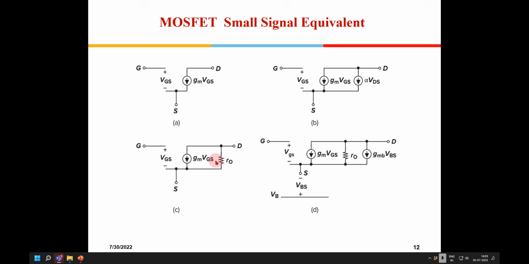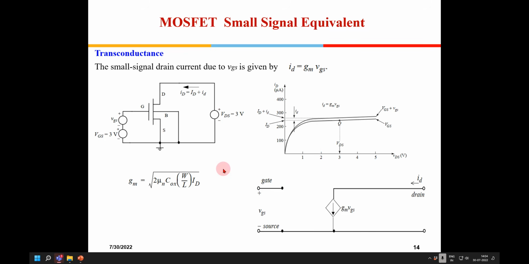Now we talked about R0, and also we said that if the source is not at ground, then the voltage between the source and the body also matters when the signal is changing. In this particular case the source is grounded and the body is also grounded, but that may not always be the case.